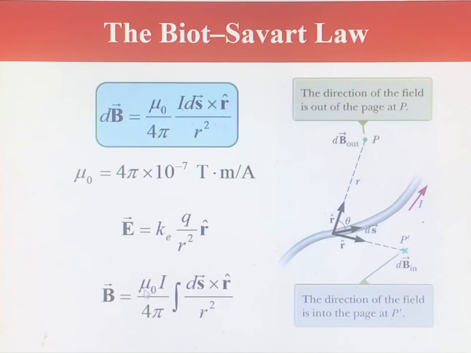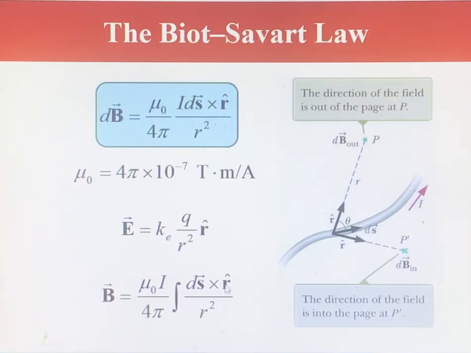Again, my mu naught is given by this value, 4 pi times 10 to the negative 7 Tesla meters per amp. It is just a constant. I is the current in the wire. ds is a length vector in the direction of the current.